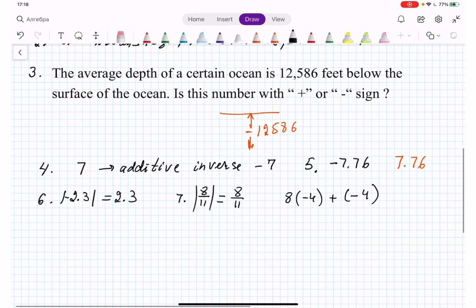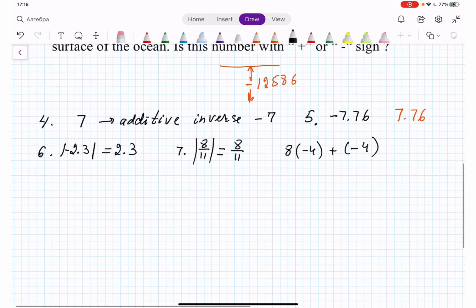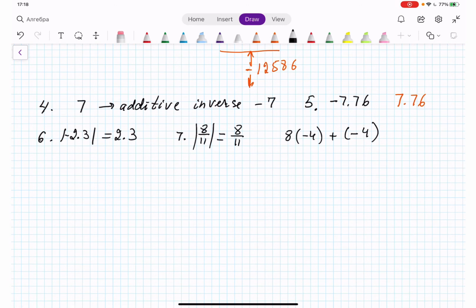Okay, let me write down the table of addition and subtraction of real numbers. Let me make a line here.